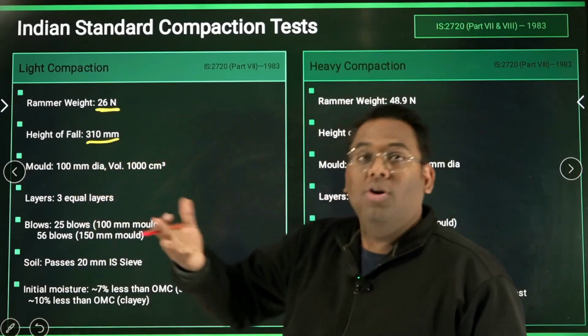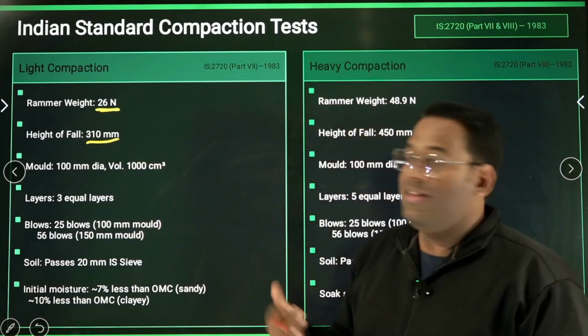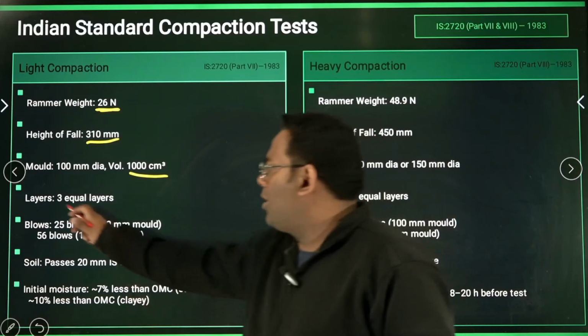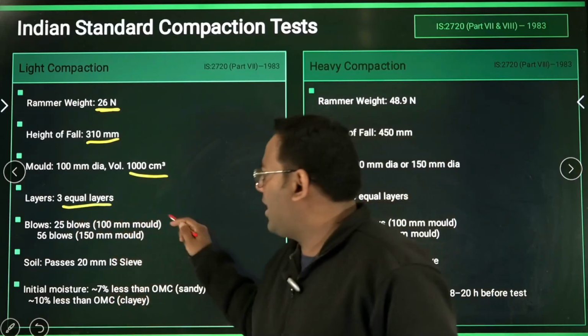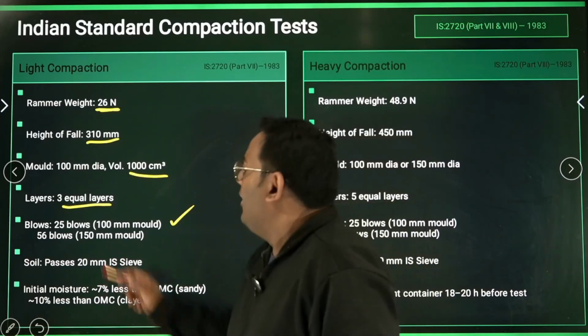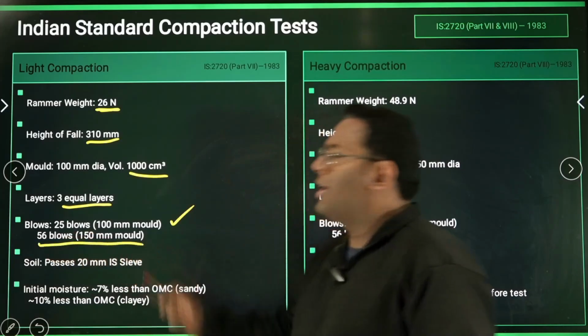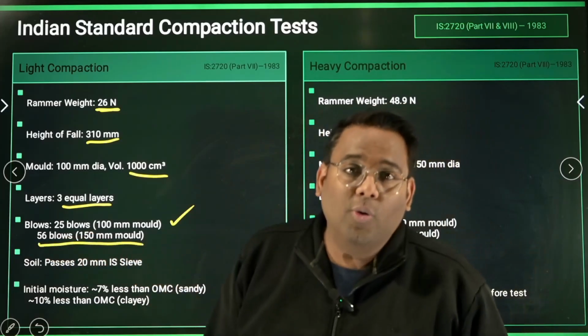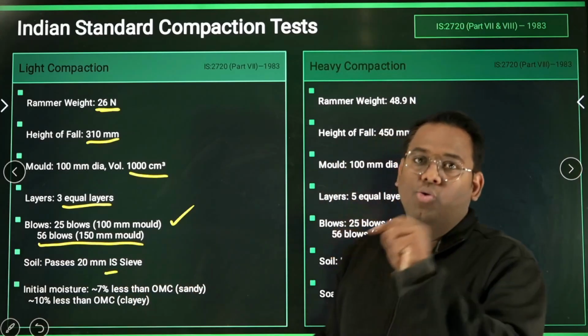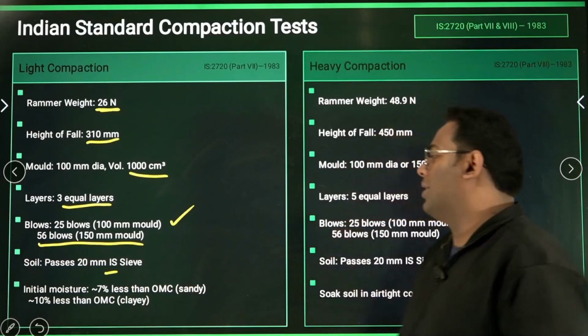The mold size was 945 cc, here it is 1000 cc directly. And the number of layers is 3 here also, and the number of blows on each layer is 25 also. Yes, it also depends upon the size of mold that you are going to take. The soil is the same as that you used to take in the Proctor test.